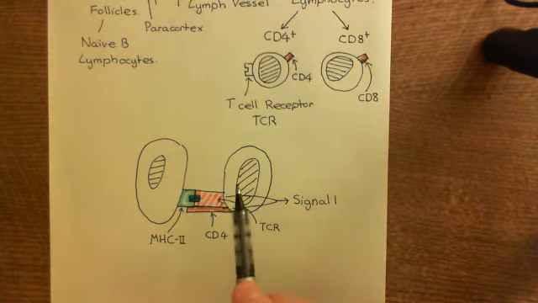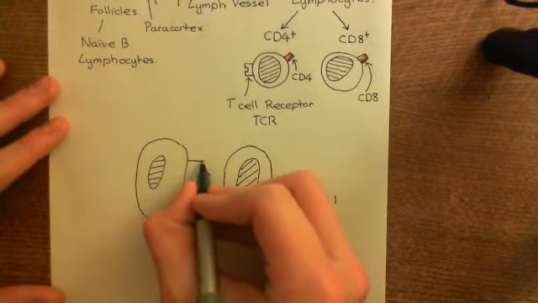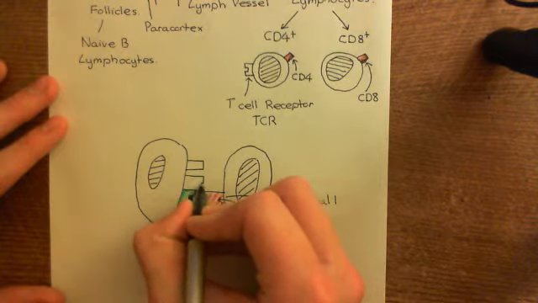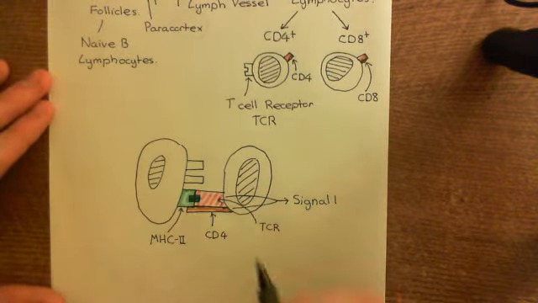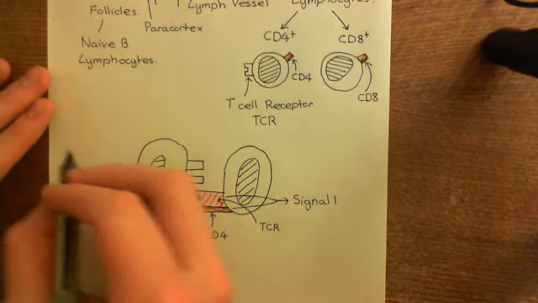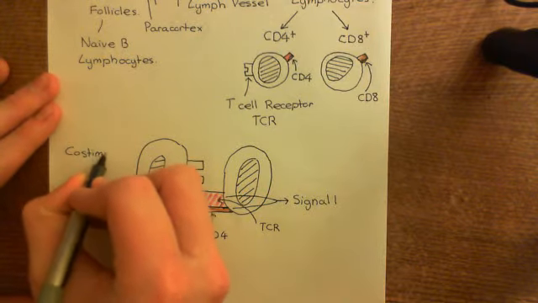And to give it signal 2, you have to put what are known as co-stimulatory molecules on your surface, and there are two main co-stimulatory molecules. Okay, so I'll draw these here. Now, what causes this professional antigen presenting cell to put co-stimulatory molecules? And that's a key term, so I'll put it over here.